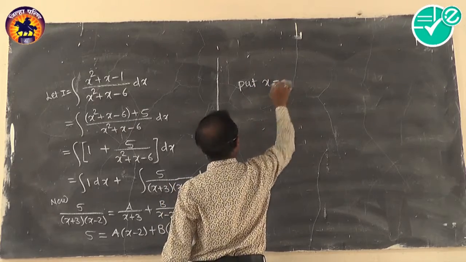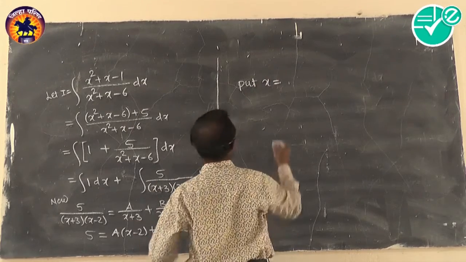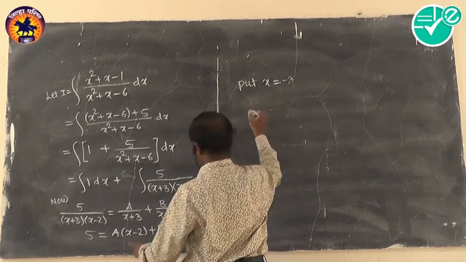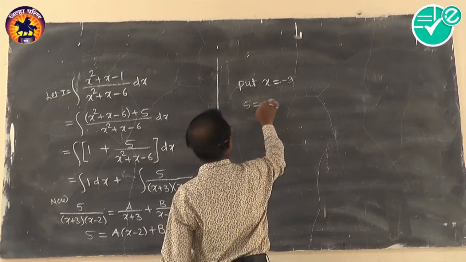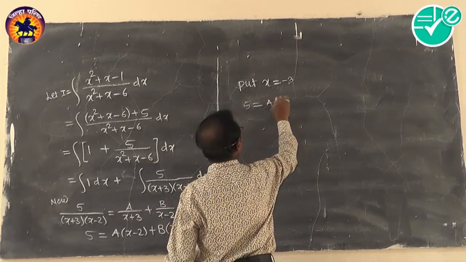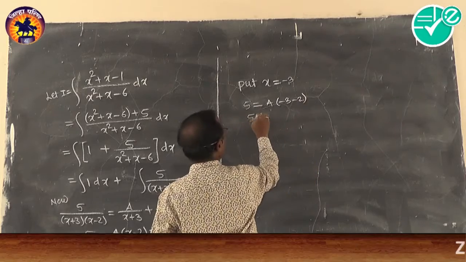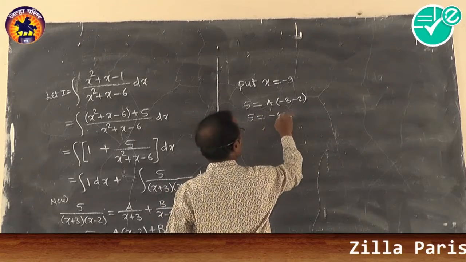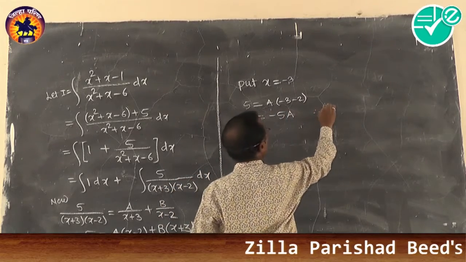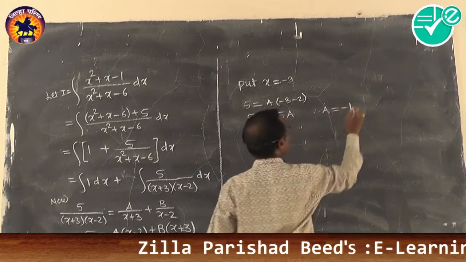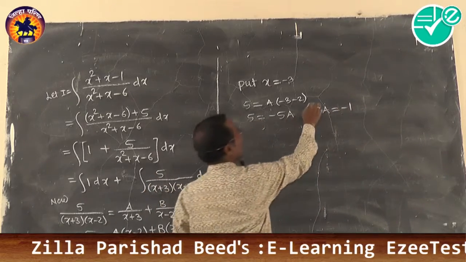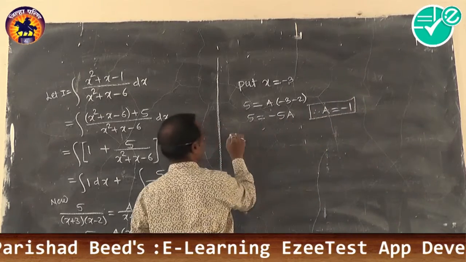Put x is equal to, for the first denominator to be 0, minus 3. We get 5 is equal to a into minus 3 minus 2. So 5 is equal to minus 5a, therefore a is equal to minus 1. Now we want to find the value of b.